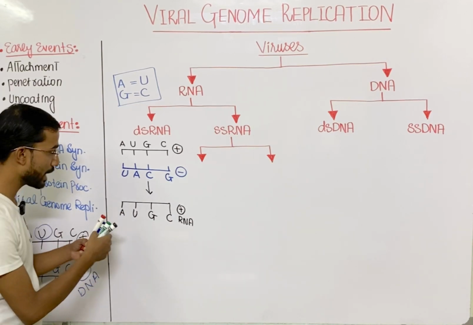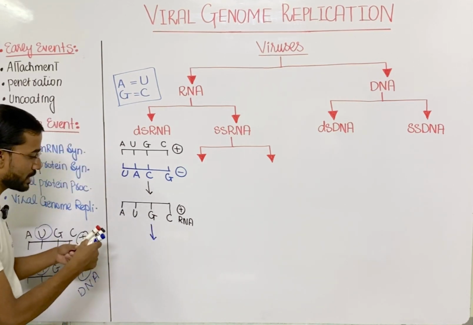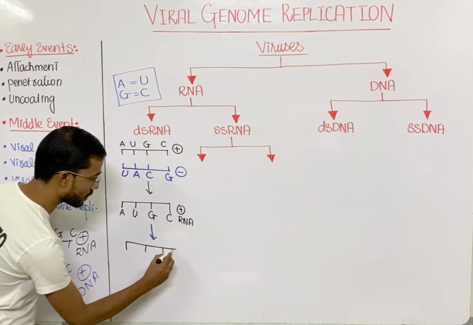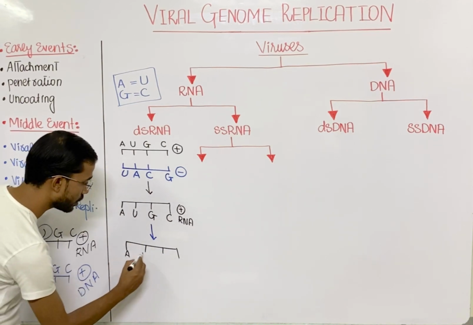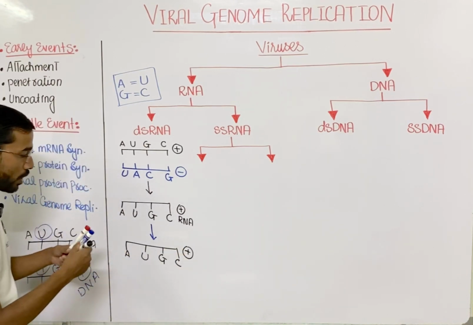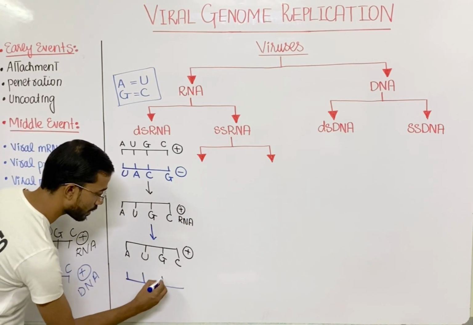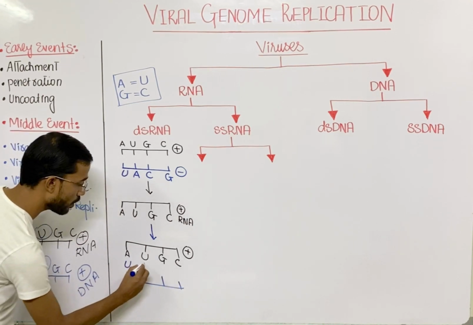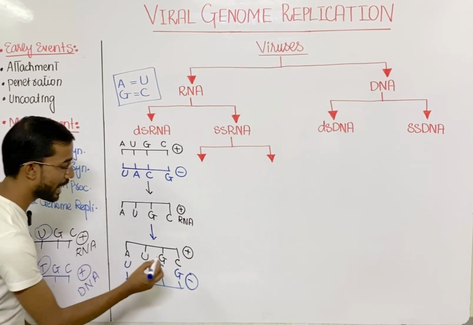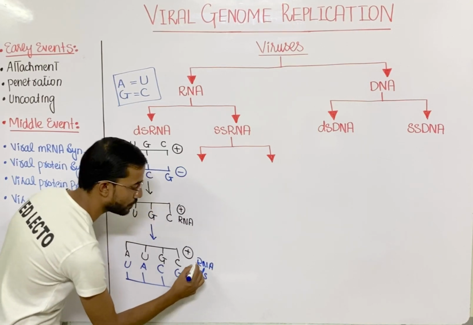After that, it will convert into the positive AUGC, and on the opposite side you will see the formation of UACG, which is negative. That's why this is now called double stranded RNA.